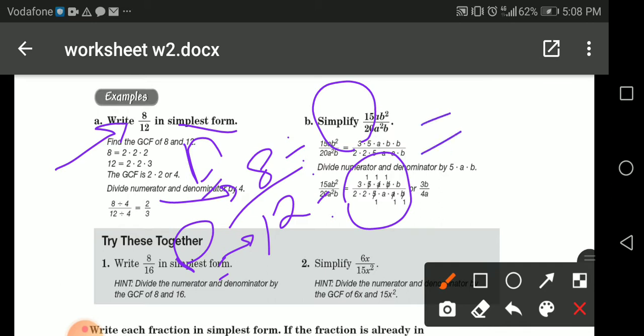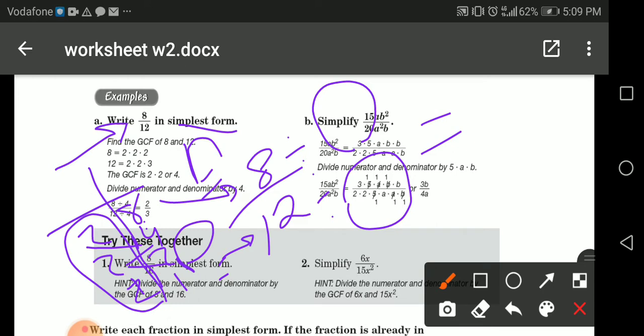So 8 and 12, how can I get the greatest common factor, guys? 8, prime factorization: 8 divided by 2 gives me 4, divided by 2 gives me 2, divided by 2 gives 1, right? So the factors are 2, 2, and 2.